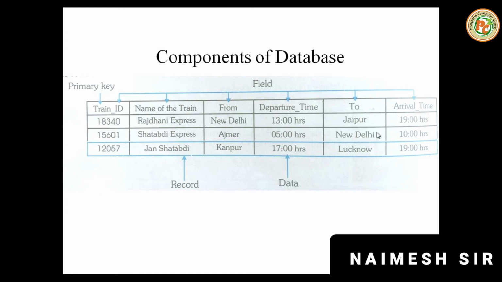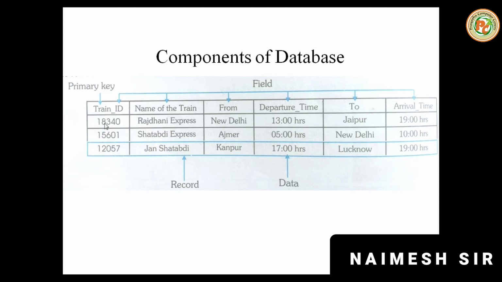Train ID 18340, name is Rajdhani Express, it will start from New Delhi at 13, meaning 1 o'clock afternoon, and it will reach Jaipur at 19, meaning 6 o'clock in the evening. So this is called the first record of the database. Also this is called the row, or we can also say the record.